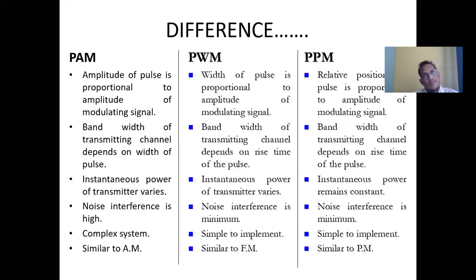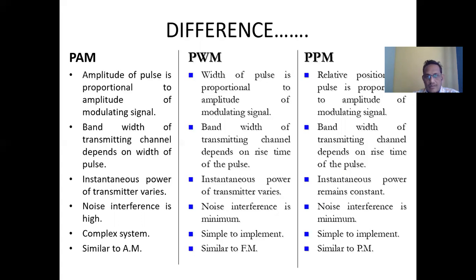Unit number 6, first part we have already started: the digital transmission of analog signals. The main aim of this unit is how to convert analog modulation techniques into digital ones. For that, initially we defined the pulse analog modulation techniques, or pulse modulation techniques.